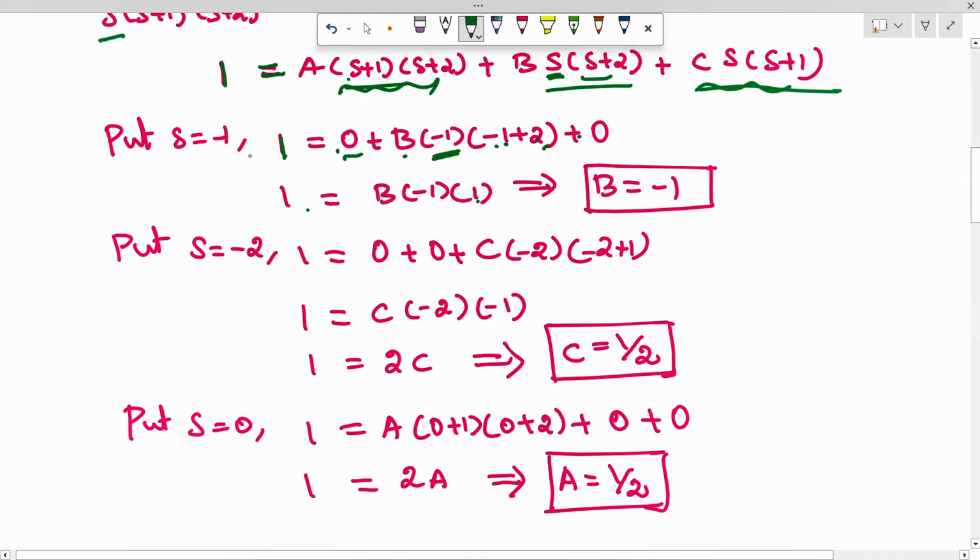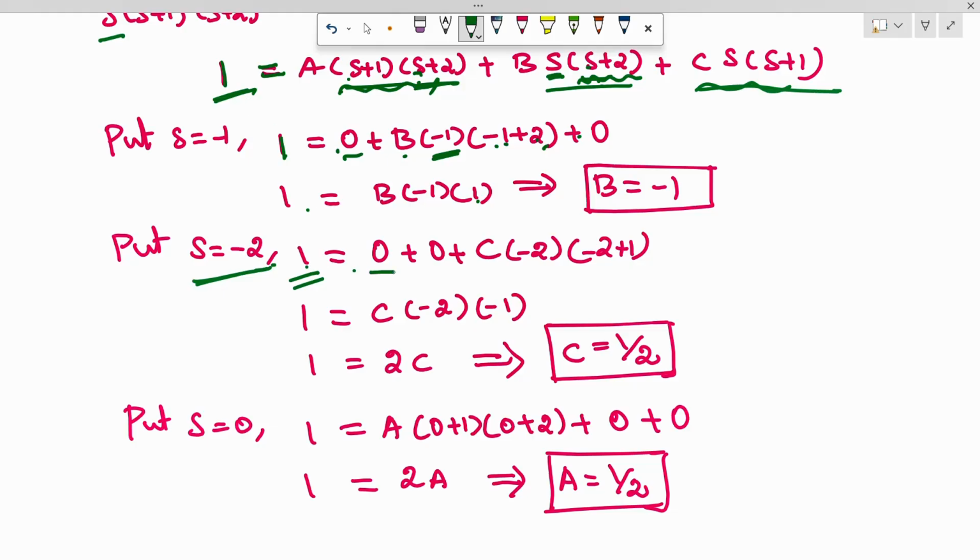In the same equation, substitute s is equal to minus 2. The left hand side value is 1. If we put s equal to minus 2 in this equation, here one s plus 2 is there, so if we replace s by minus 2 we will get 0. In the second term also, if we replace s by minus 2, we will get 0. The first and second term values are 0.